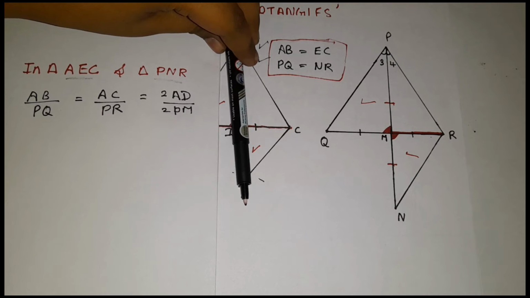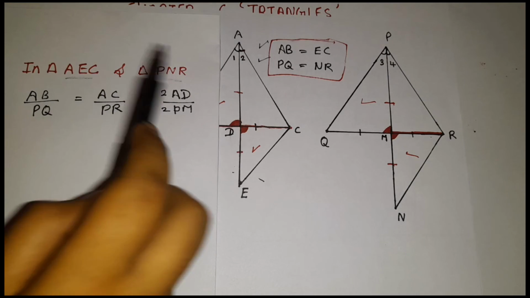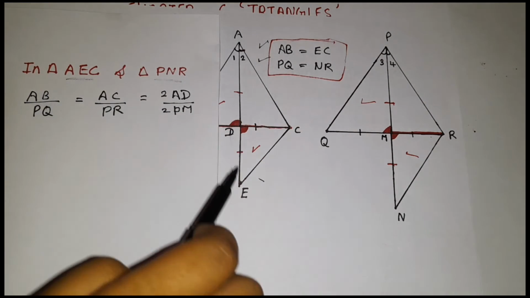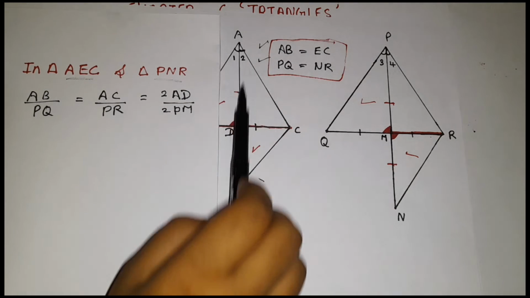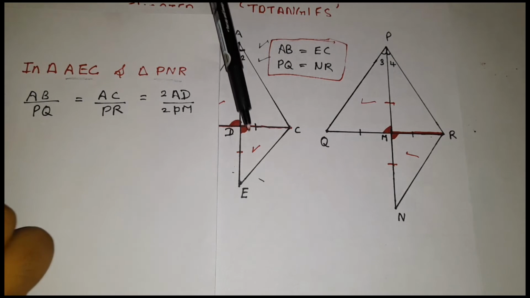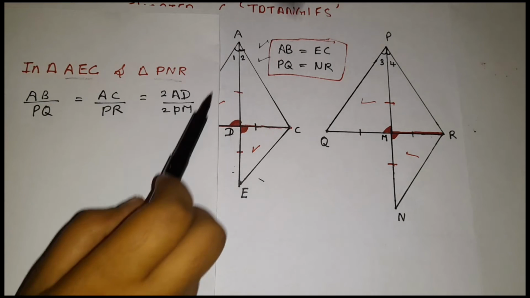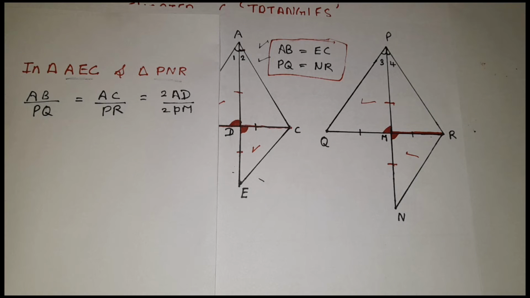That is the meaning of double. Whenever we need something, we are proving AEC, that is the whole complete triangle. But here according to the information we have only AD. We need AE. Just because we need AE, I am doubling it. Why? Because what is the double of AD? Double of AD is AE. So that is the meaning of it.